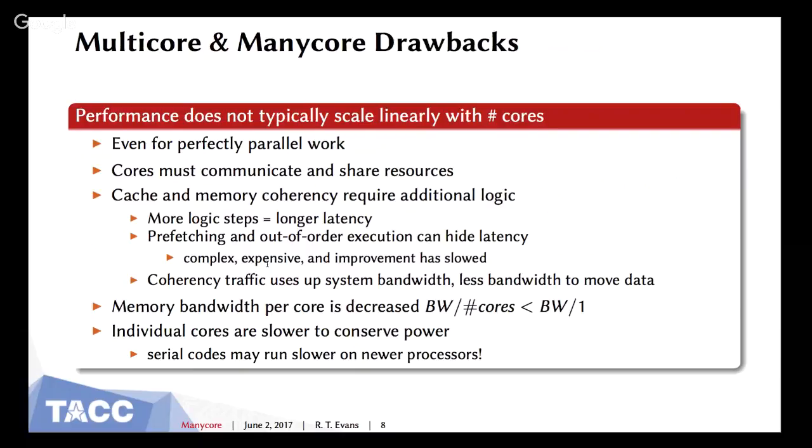So if core 2 goes to main memory to get data, it has to know that's not the most recent data, and it has to wait until core 0 writes that data back to main memory so core 2 can get it. So this takes up some extra hardware on the chips and makes it more difficult for the chip developers to keep everything coherent as they go from 1 core to 2 cores to 64 cores. There's a lot more, you can think of it as juggling. There's a lot more balls in the air to keep track of.